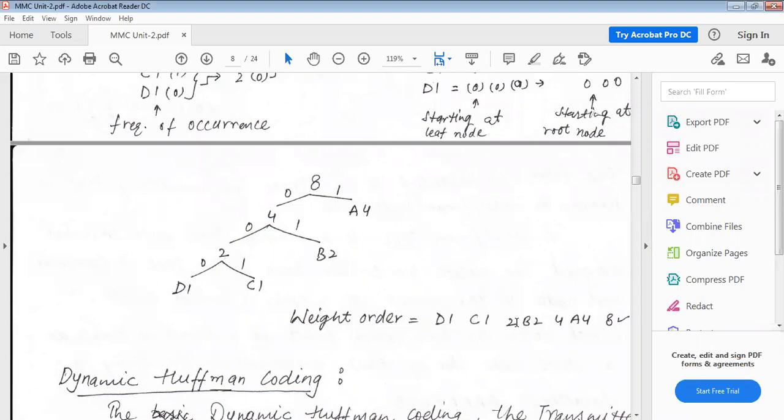So 2B2 is nothing but the sum of the values of C and D, that is 2. So that is why it is written as 2B2. Next, 4A4. How you calculated that you have seen in the previous. Next, finally we have 8. So this is the weight calculation, the weight order of the character set calculation. So this is about static Huffman coding and tree derivation.